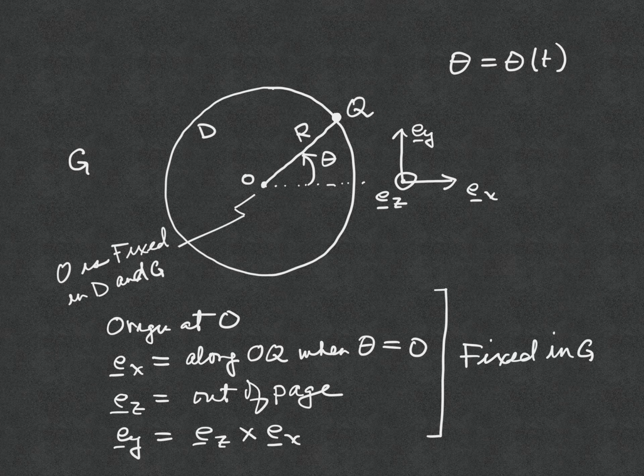Now what I'm going to do with this is as follows, before I introduce my second coordinate system, because I am going to introduce a second coordinate system, let's express the position of Q relative to O. So here's what we're after in this problem.